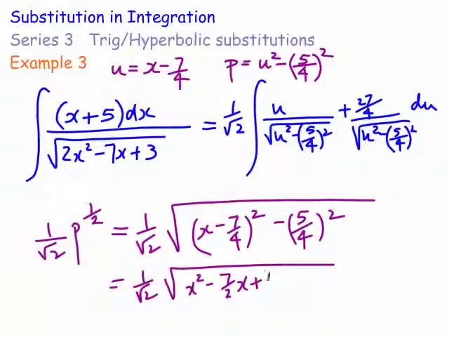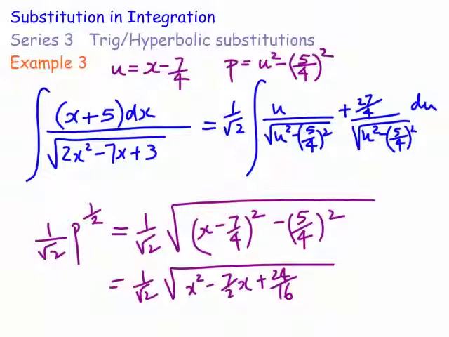Oops, that's supposed to be 24. Let's try to go back a bit. x squared minus 7 on 2x, plus 24 on 16. Now we could take a 16 out and try to simplify that a bit, but at this stage I'm just going to leave that first integral just like that, and then we're going to start to work on the second part now.